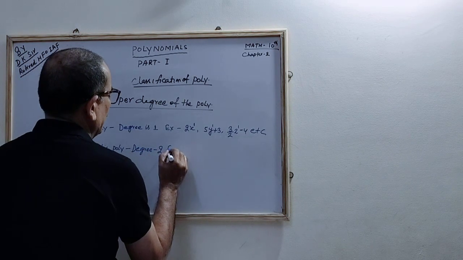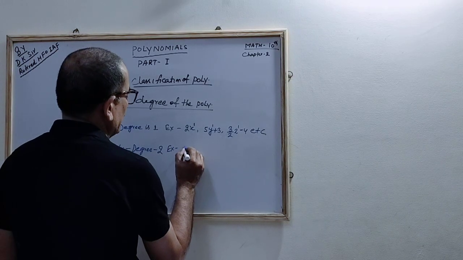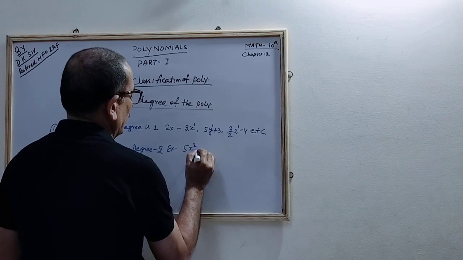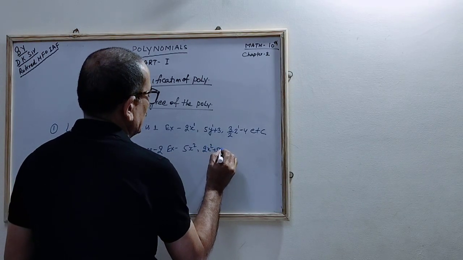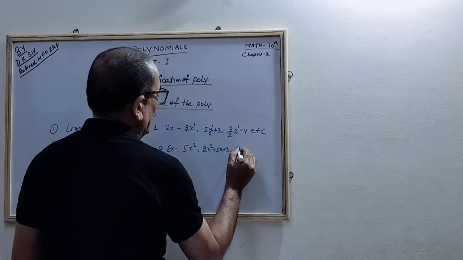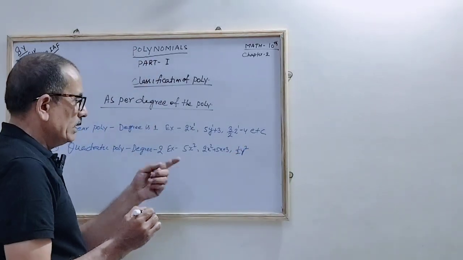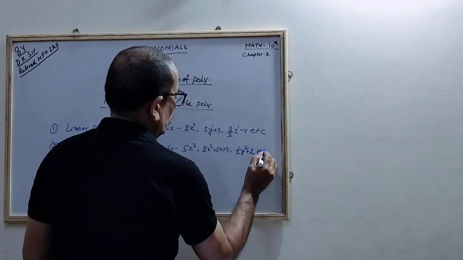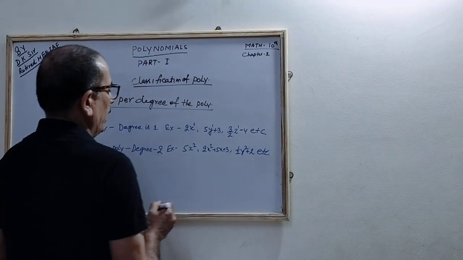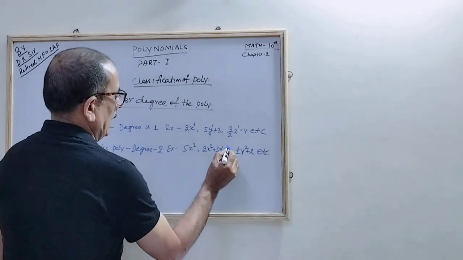Example I will give you: suppose I say 5x square, or 2x square plus 5x plus 3. Somebody can write 1 by 2 y square plus 2. These are all examples where we find that it has powers 2, 1 and 0.